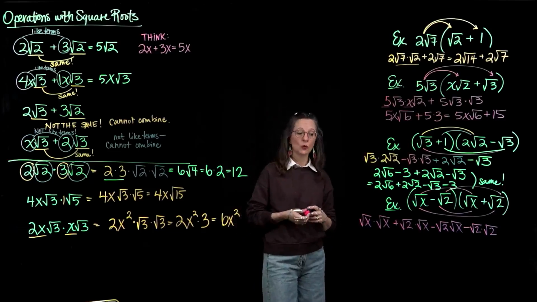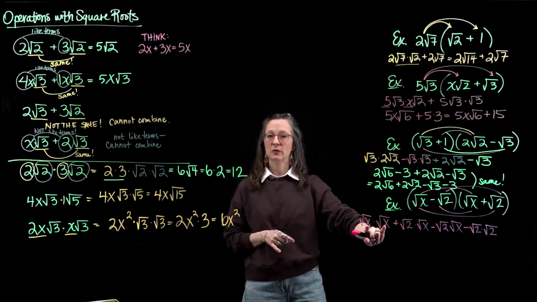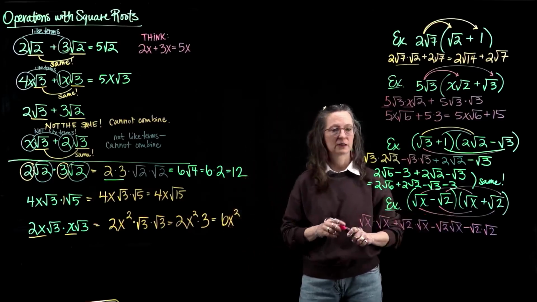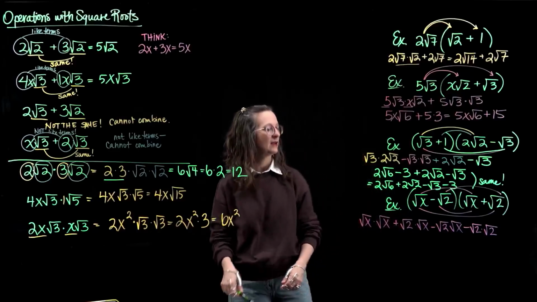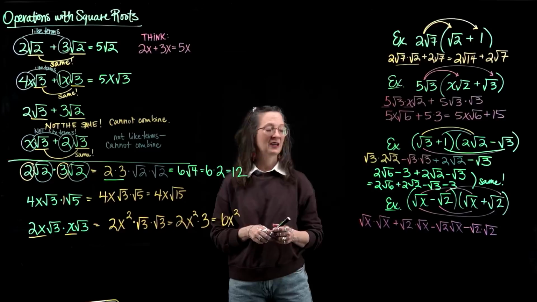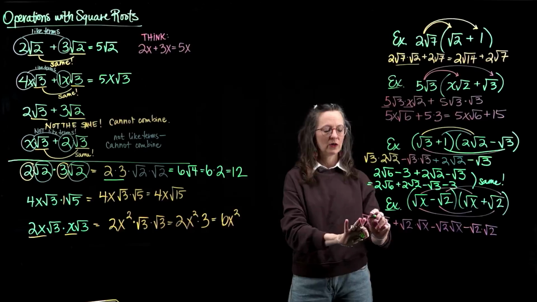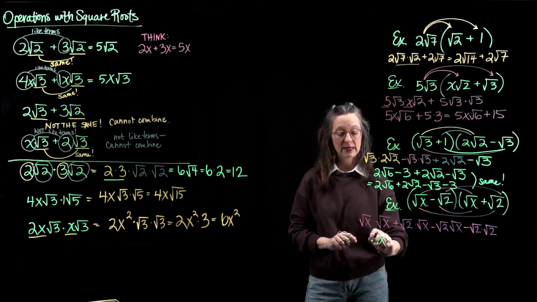All right, so let's look at what we have. Square root of x times square root of x plus square root of 2 times square root of x minus square root of 2 times square root of x, and then minus square root of 2 times square root of 2. Let's do a little cleanup work here. Square root of x times square root of x is just going to be x.